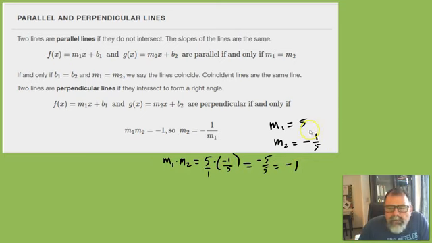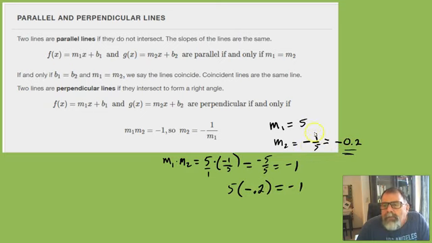Sometimes that's not easy to tell if they're given as decimals, so you want to do this test to see if you get -1. For instance, if -1/5 was written as a decimal, -0.2, then on your calculator, 5 times -0.2 is going to be -1. If you don't recognize that's -1/5, you might say, oh no, they're not perpendicular.